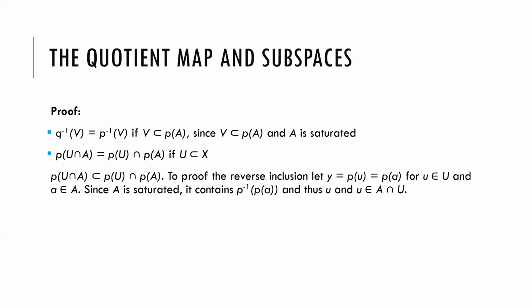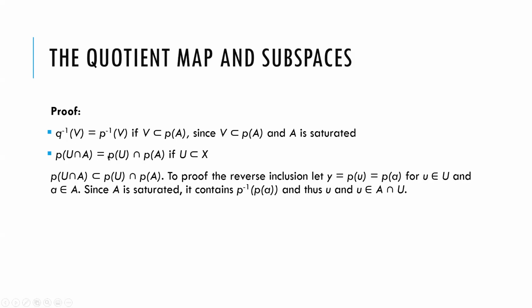So here is the first part of our proof. We have to start with these two equations. The first: Q inverse of V equals P inverse of V, where V is a subset of P of A. Since it's a subset of P of A and A is saturated, when we restrict P to Q, we would still have the same result.